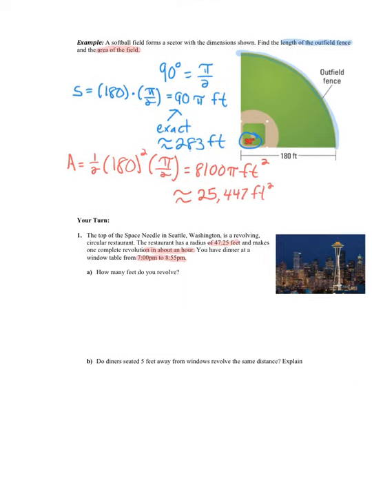Okay, so there's a couple ways to think about this Seattle Space Needle problem. One way to think about it is we're revolving a full circle around, so that's going to be the first hour. When we're doing one full revolution, we're going a full length around this circle, which is the full perimeter of the circle, also the circumference.